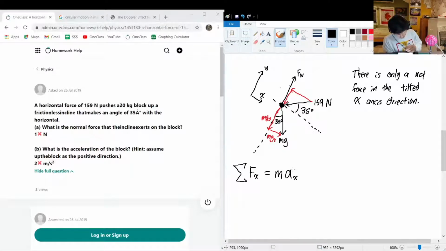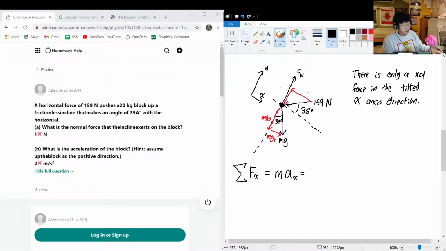Cool. So let's take a look at all of our forces and see who has an x direction contribution. Fn is strictly and purely in the y direction, so that's going to have no effect on the x direction axis of force. Okay, so let's consider our gravity.